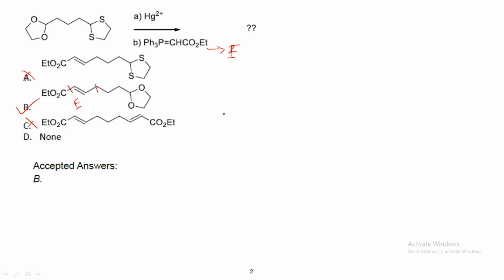So let's look at the mechanism briefly. So this is the oxygen protected partner, and there are three carbons in between, and this is sulfur protection.